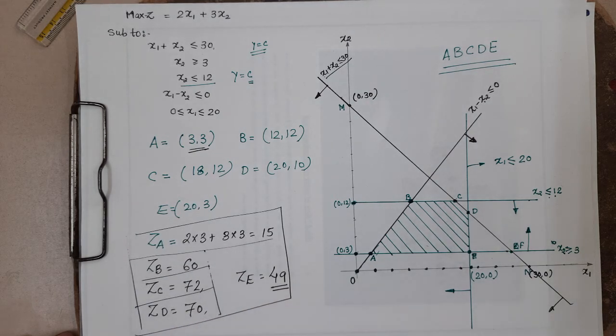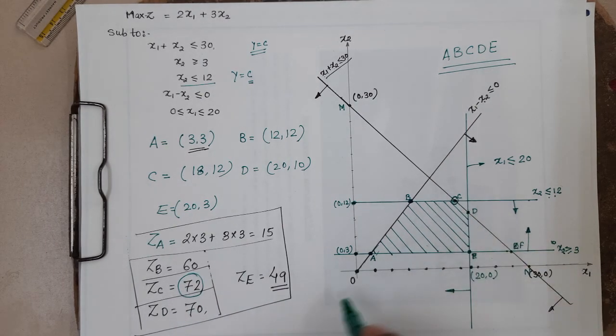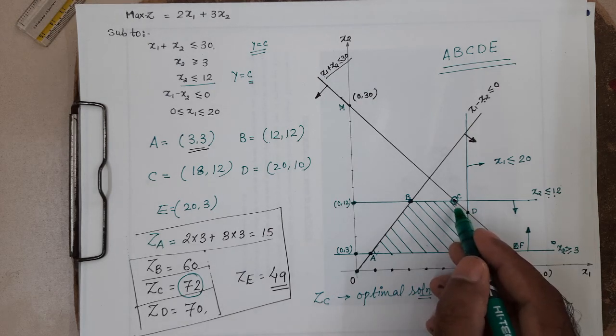Now for the optimal solution, look where is the maximum value of Z. So the maximum value of Z lies at point C. So at this particular point, ZC will give you the optimal solution, and what is the value at that point?